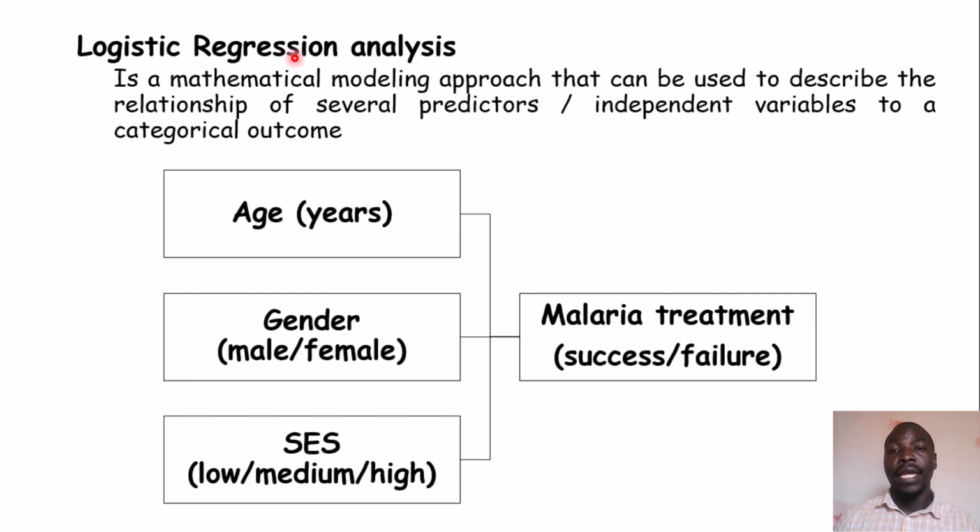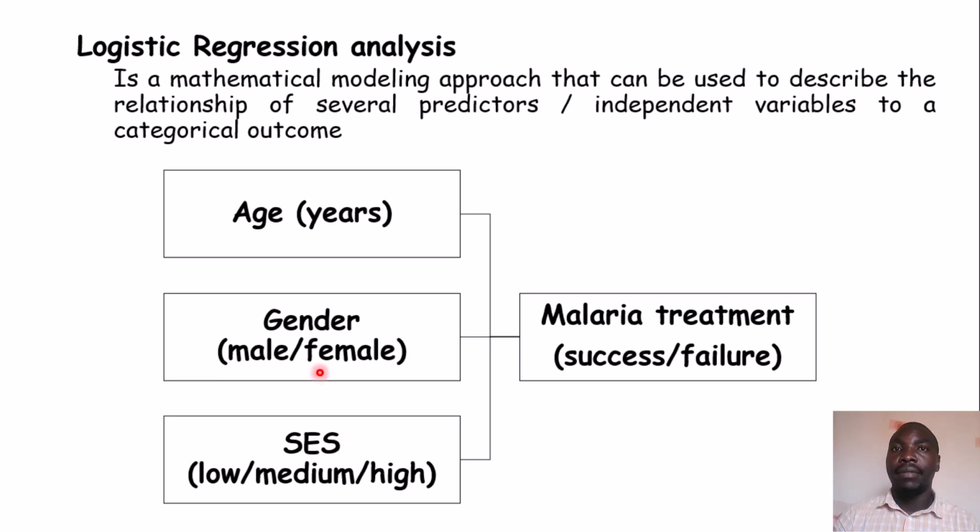For instance, you are interested in predicting whether someone will have a successful malaria treatment or they will fail on treatment. But you want to use a set of 3 variables to predict that. You want to use age, gender, and socioeconomic status to predict whether someone will have a successful treatment outcome or will fail on their treatment.